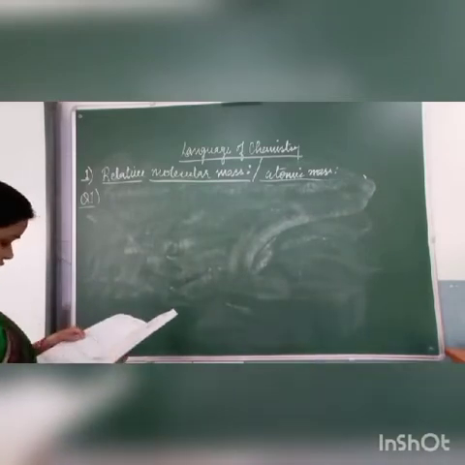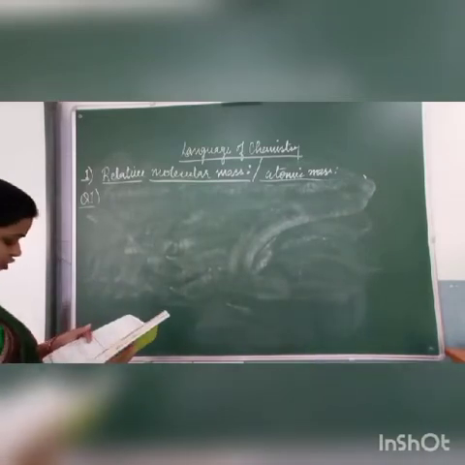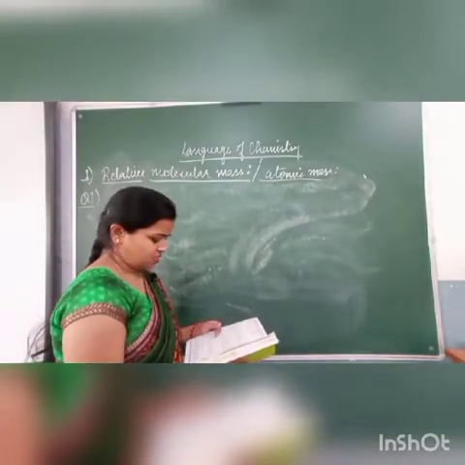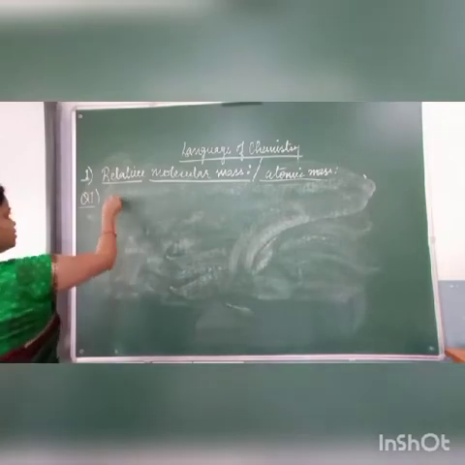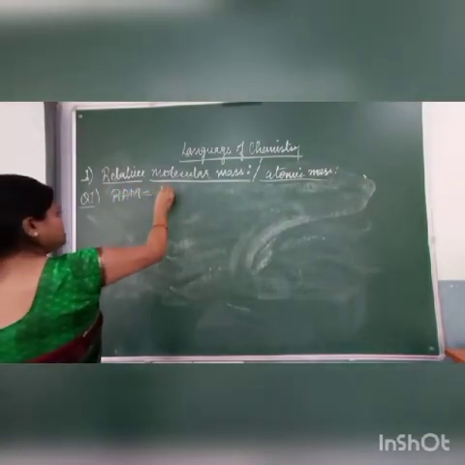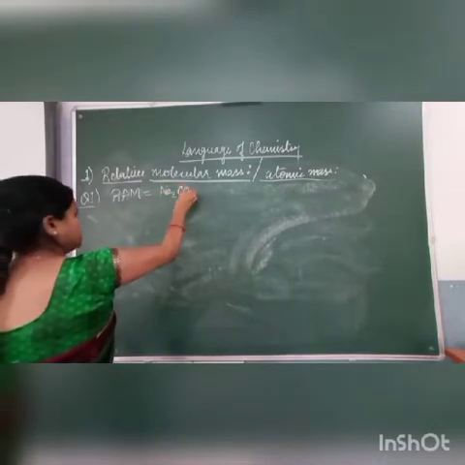In your book, one is given for your practice. The question is given at the end of the page, last of the page. You have to calculate the relative atomic mass of sodium carbonate.